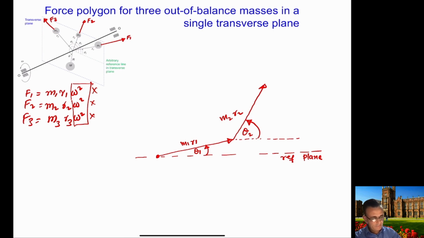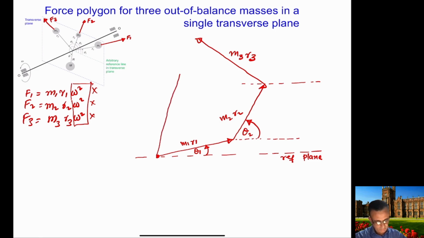So again, if we draw the horizontal line here, the F3 is in this direction here, and the magnitude is going to be M3R3. And finally, the resultant that you can draw in this case will be from here to here. So this is our resultant.